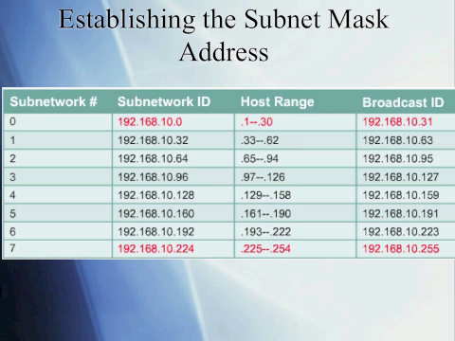And we need 32, so it's going to go 0 all the way through 31. And then the next range, so this is subnet 0. The next range is going to be 192.168.10. What's the next number? 32, through another 32 goes out to 63.